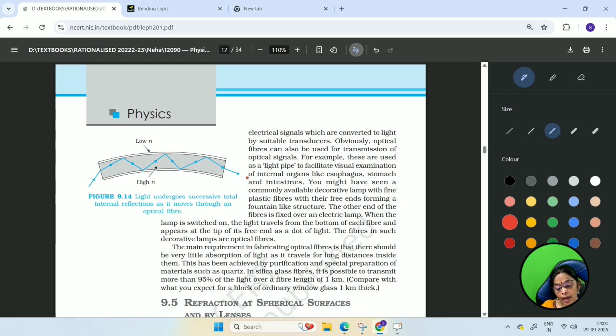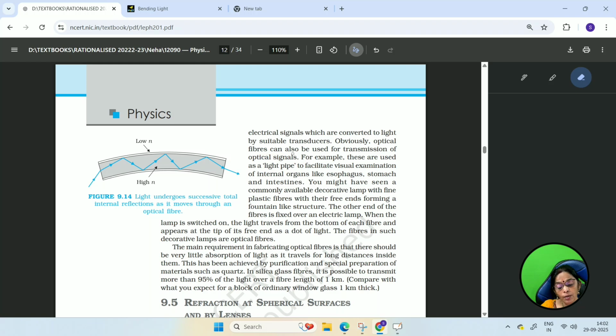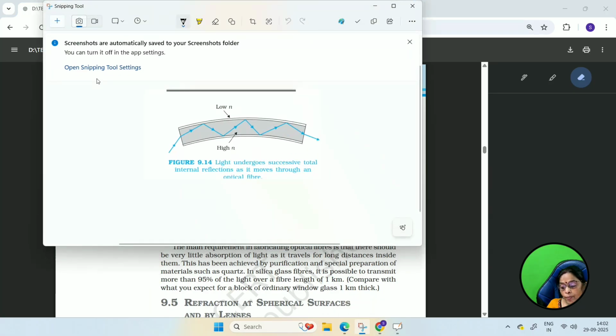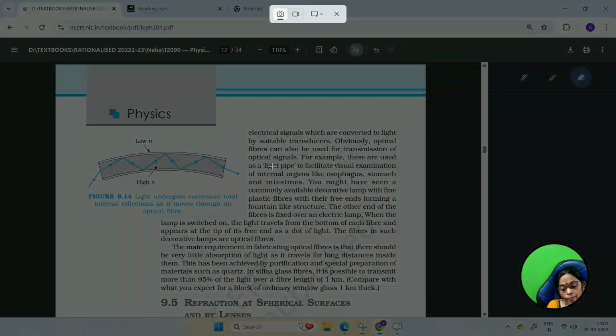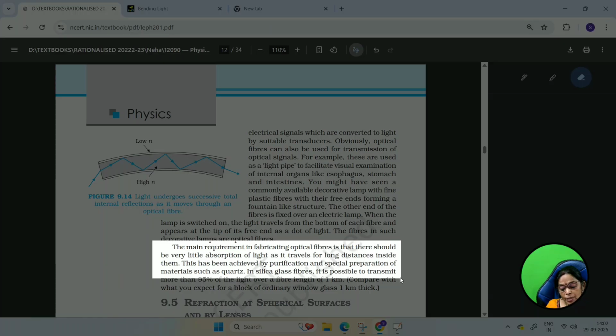Optical fibers are used for the transmission of optical signals. The main requirement in fabricating optical fibers is that there should be very little absorption of light as it travels long distances inside them.